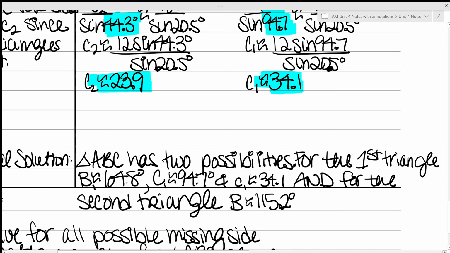Angle C was 44.3. And then side C was 23.9. And you can add the little 2's if you want for each one. That's really just to help you keep everything in order.